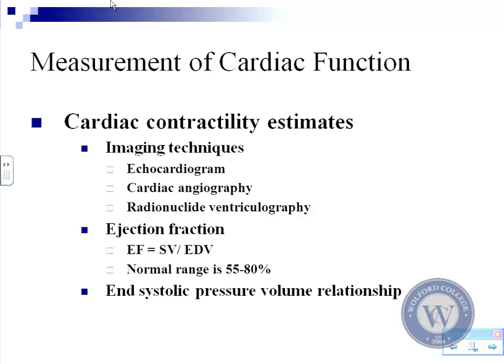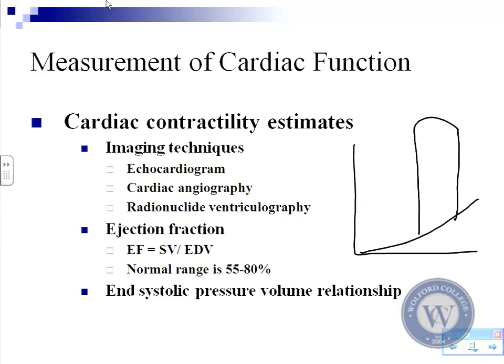One of the things you can also look at is your end systolic pressure-volume relationship, which is, as the volume empties more effectively and you get a greater stroke volume, your systolic volume inside the ventricle is less. Okay. What that means is the following. Here's your pressure-volume curve.